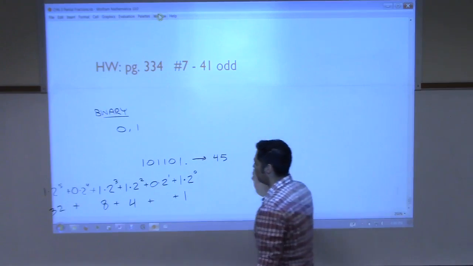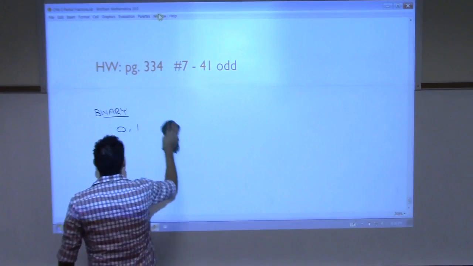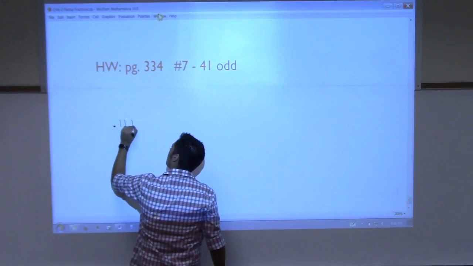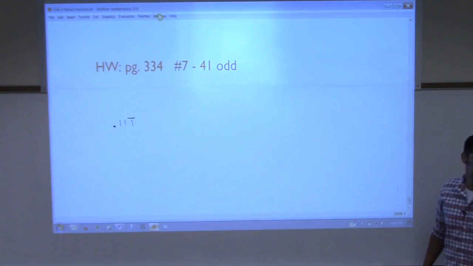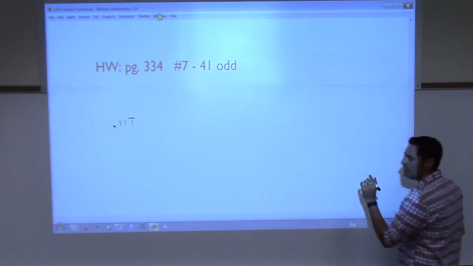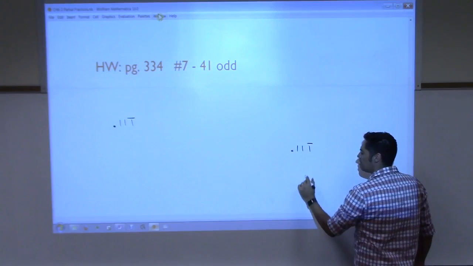Now, here's what not a lot of people have ever seen. What is this? 0.111 forever in binary. Now we know as in base 10, what does this mean? 0.111 forever. This is actually 1/9.